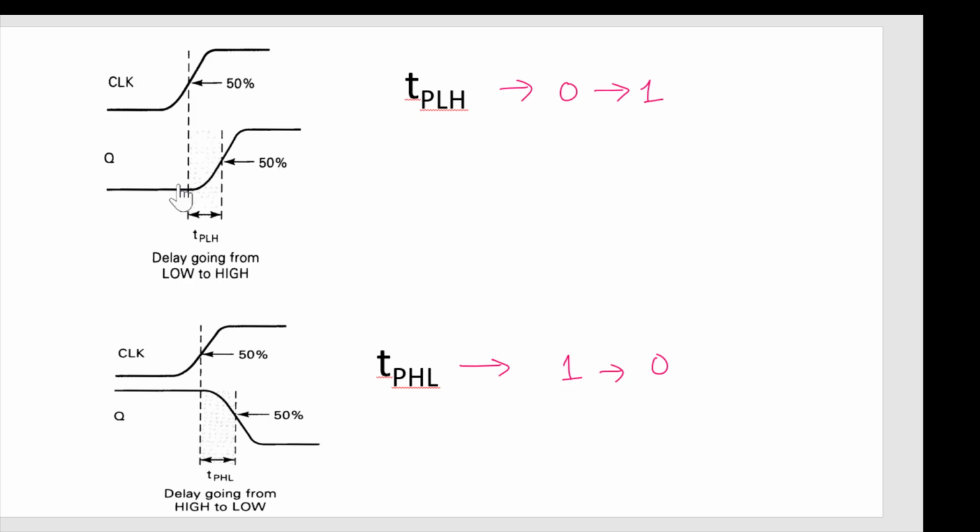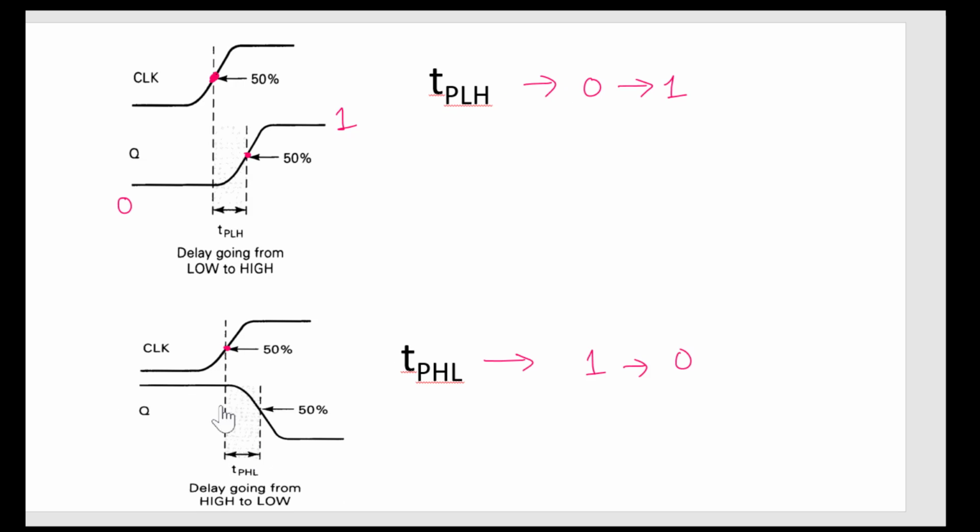If you look at here, you have to measure at 50% of the waveform, and this much is the time period, this much is the delay in moving your Q output from 0 to 1. So it is taking this much delay for changing its output. Similarly, the same thing during the clock transition.